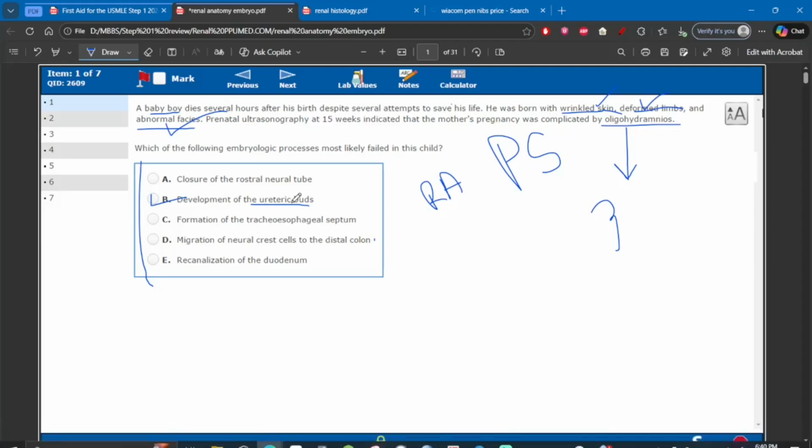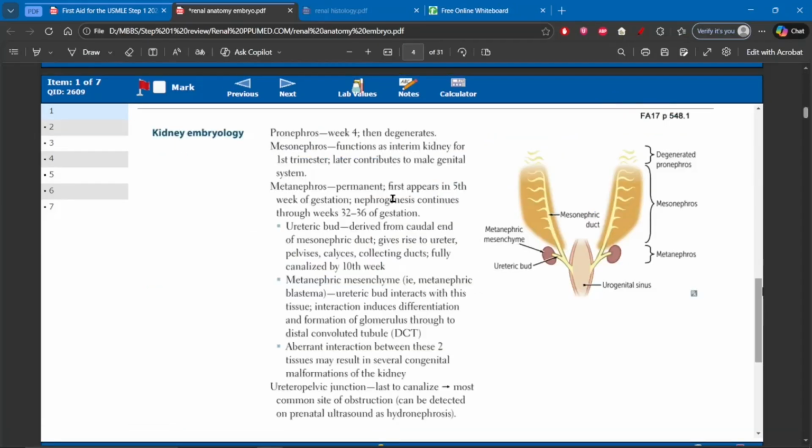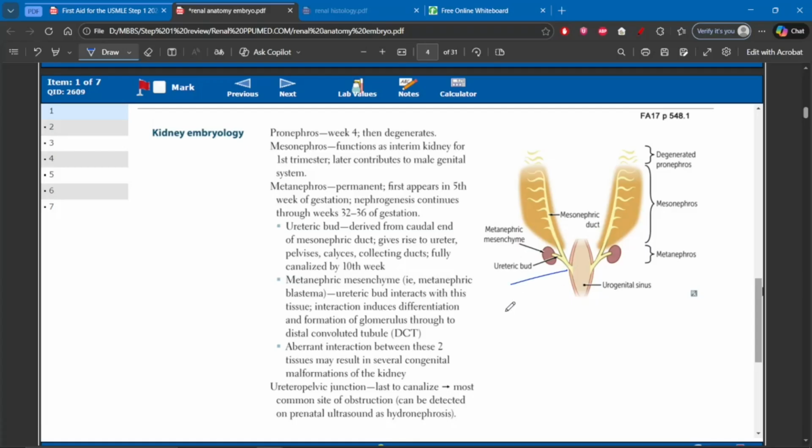remember for Potter's syndrome. So we discussed this embryology question, and I just wanted to show you guys the picture that we studied earlier. This is from where you can answer this question. If you remember, I told you that everything really depends on the formation of the ureteric bud. If the ureteric bud forms, it induces the differentiation in the metanephric mesenchyme, right?